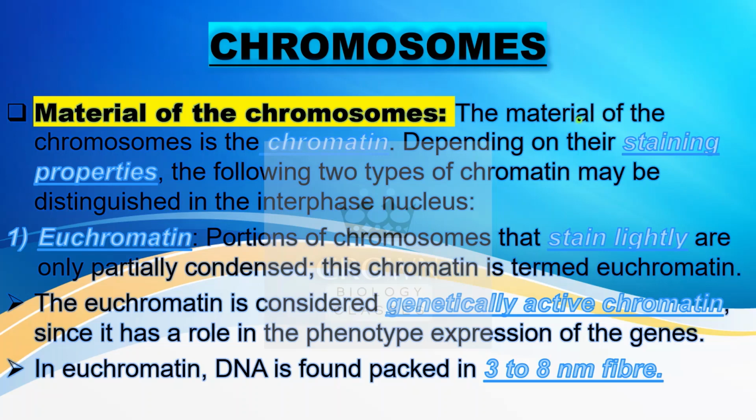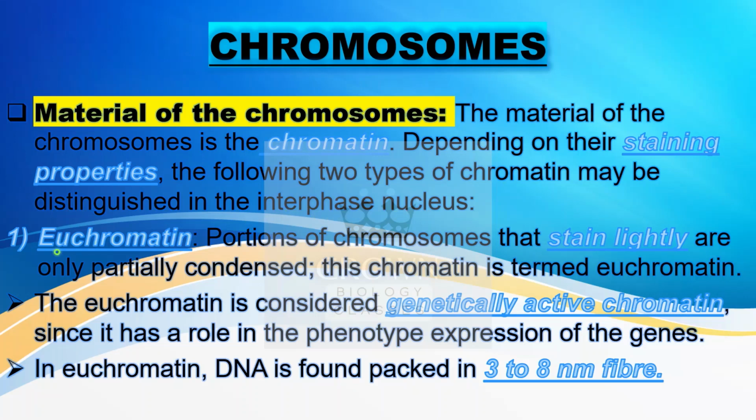The material of the chromosomes is the chromatin, depending on their staining properties. That means whether the chromatin will be lightly stained or darkly stained. The following two types of chromatin may be distinguished in the interphase stage of mitosis in the nucleus.